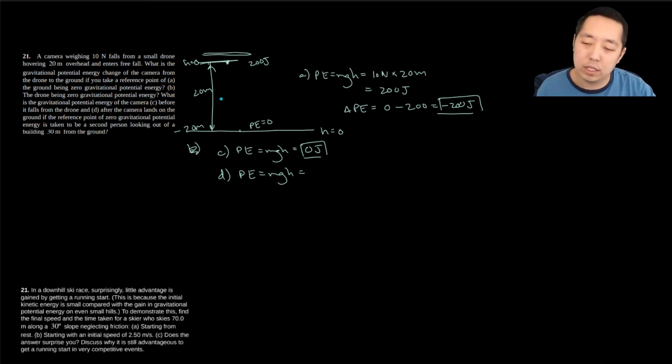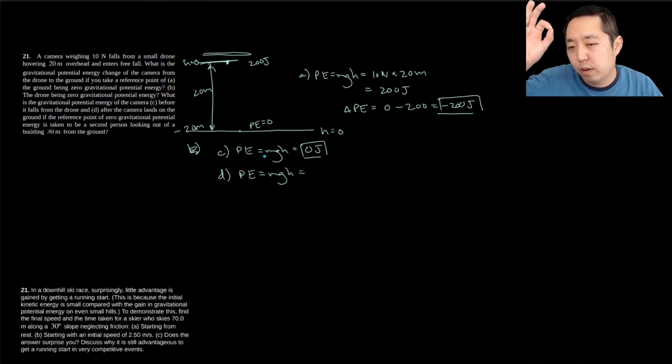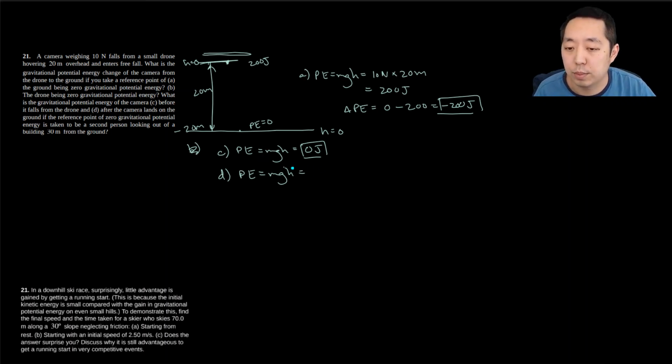When you're doing potential energy, upward always has to be positive, because that's just how the formula works. The further away you are from the Earth is more potential energy, and the closer you are to the center of the Earth is lower potential energy. So this has to be negative 20 meters here. That's 10 newtons times negative 20 meters, or negative 200 joules.